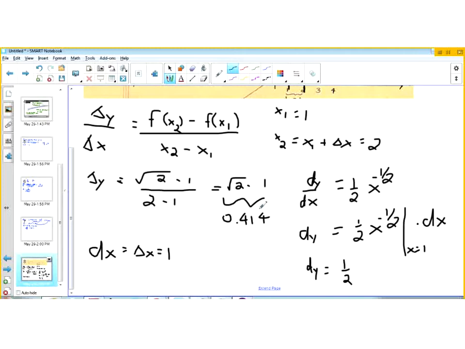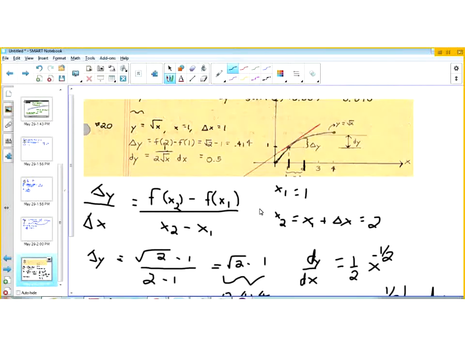The question asked to illustrate delta y, differential y, delta x, and differential x. So here is the illustration. Here's your delta x and differential x. Here's the graph of the square root function shown in black.